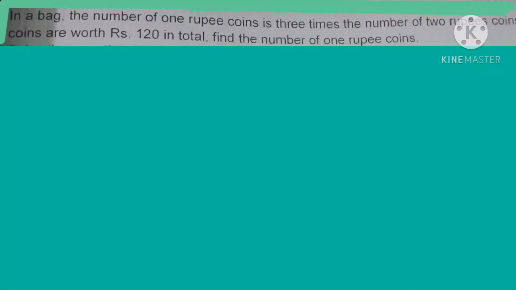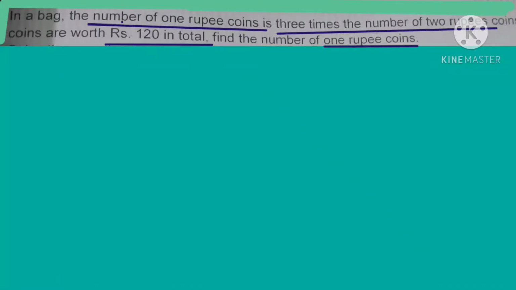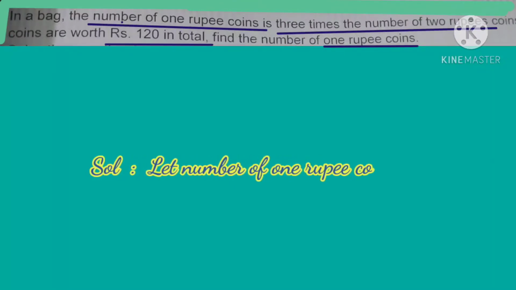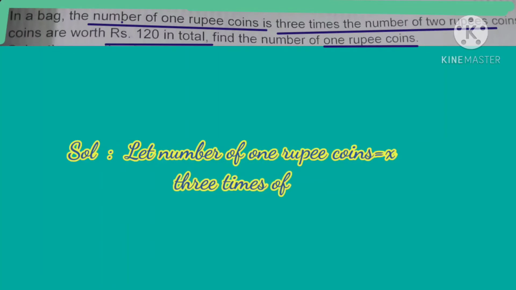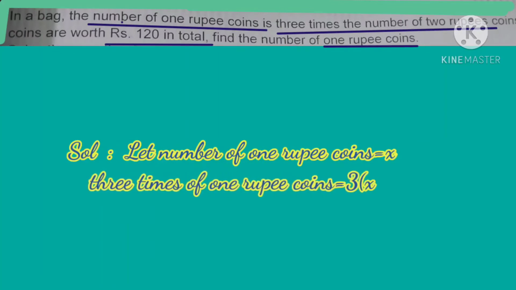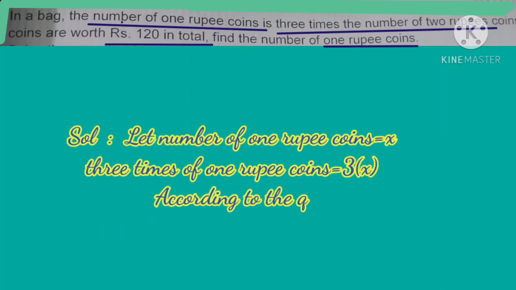So question number 3 is, in a bag the number of 1 rupee coins is 3 times the number of 2 rupee coins, and they are worth rupees 120 in total. Find the number of 1 rupee coins. So let the number of 1 rupee coins be x and 3 times of it is 3 into x.